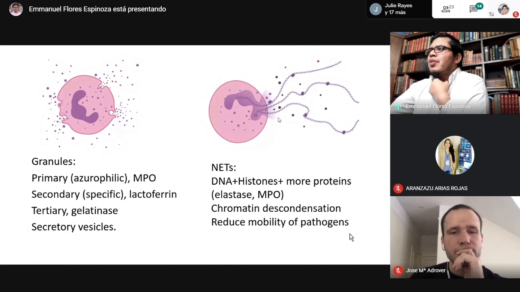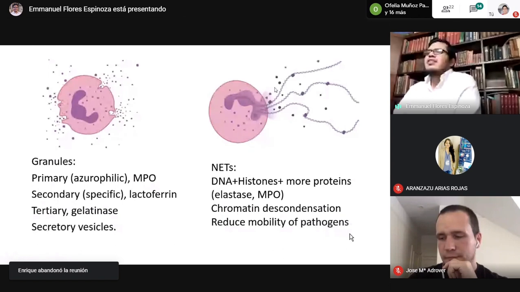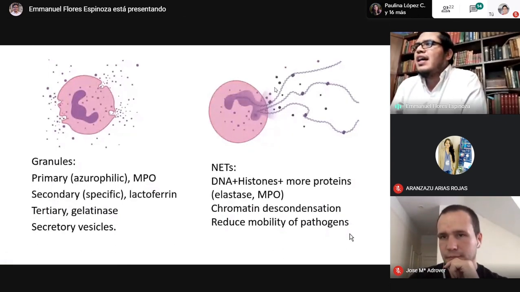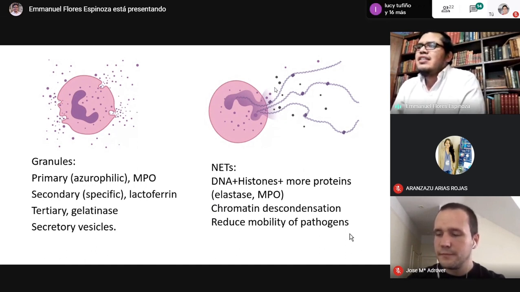This process can produce the death of the cell, because all the DNA is ejected, and it also makes it possible that the content of the cytoplasm is ejected. This mode of cell death is known as NETosis.